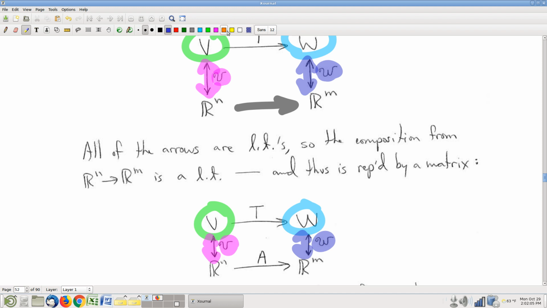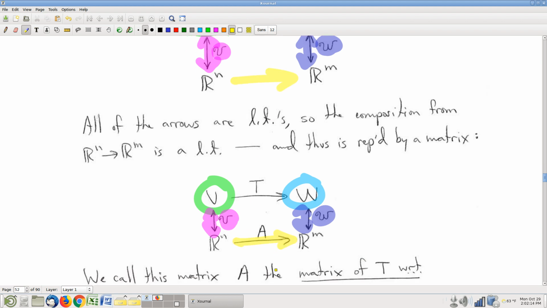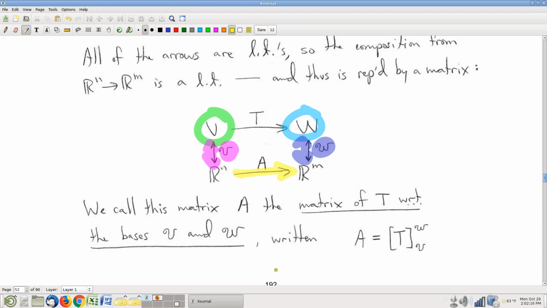Then given a linear transformation, T, there is a corresponding matrix, A. And we call this the matrix of that linear transformation with respect to, now you'll notice two bases, right? In order to be able to define this matrix, in order to be able to get this as a linear transformation in the first place, I need a basis in the domain. I also need a basis in the target.